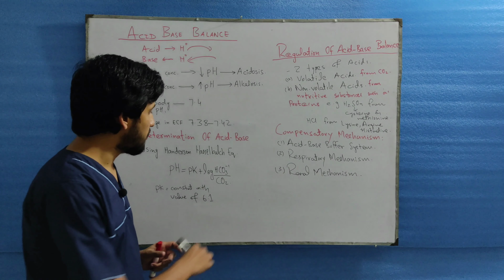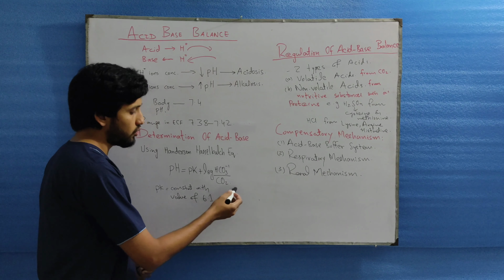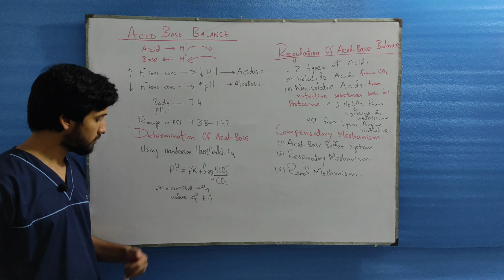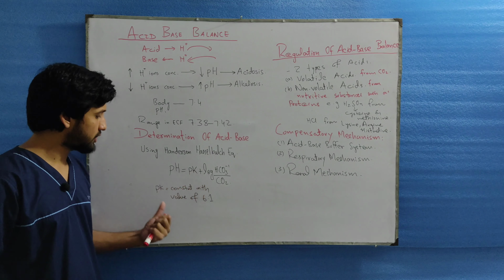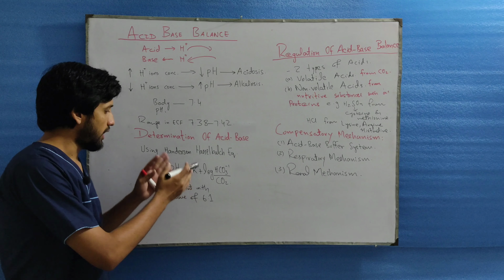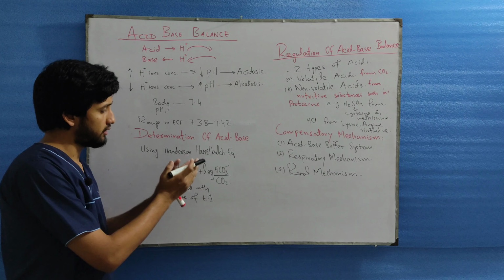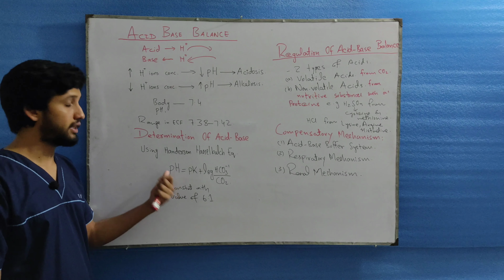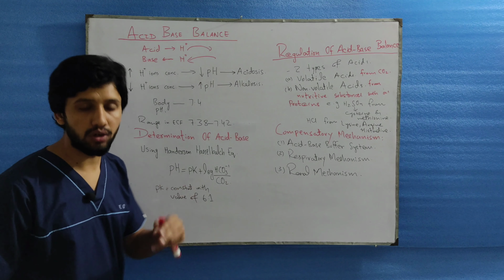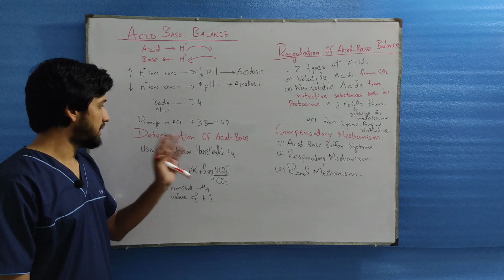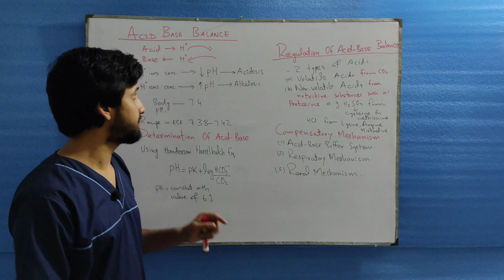When the concentration of bicarbonate ion and CO2 is measured in a fluid, we can get the value of pH. The pK is a constant, with a value of 6.1. We put in the values and the log of the bicarbonate ion concentration and the CO2 concentration, and we will definitely get the pH of the solution or ECF. So this is how the acid-base status is determined in our body.